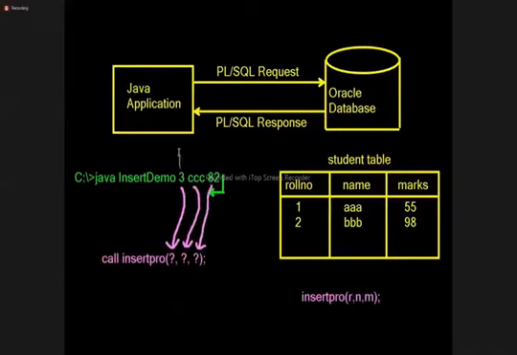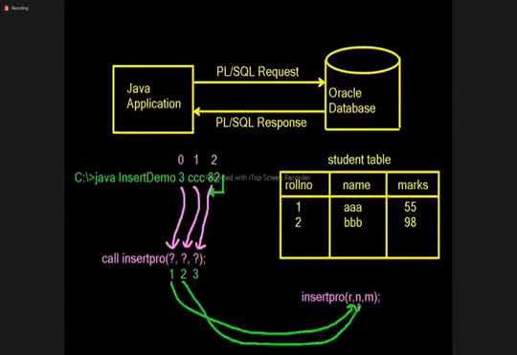This index is 0, 1, 2. This column number is 1. The question mark number is 3. Now, this question mark is inserted in the R place, this in the N place, this in the M place. Whenever you run this one, the record gets inserted, like roll number 3, triple C, 82.